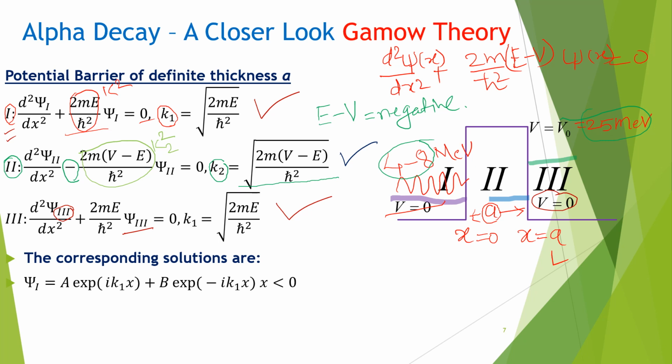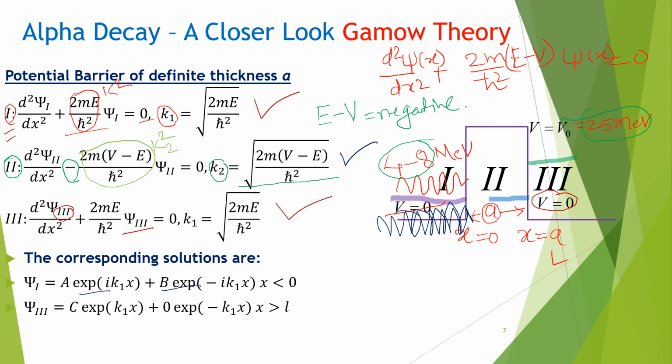Psi1 is equal to a times exponential of ik1x plus b times exponential of minus ik1x for all x less than 0. It means that the wave is oscillating here and it can be reflected back. So we are encompassing both forward and backward solutions.